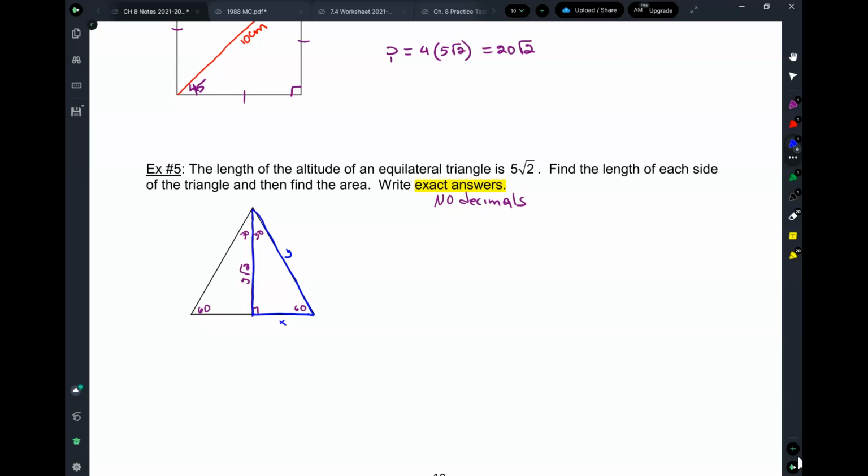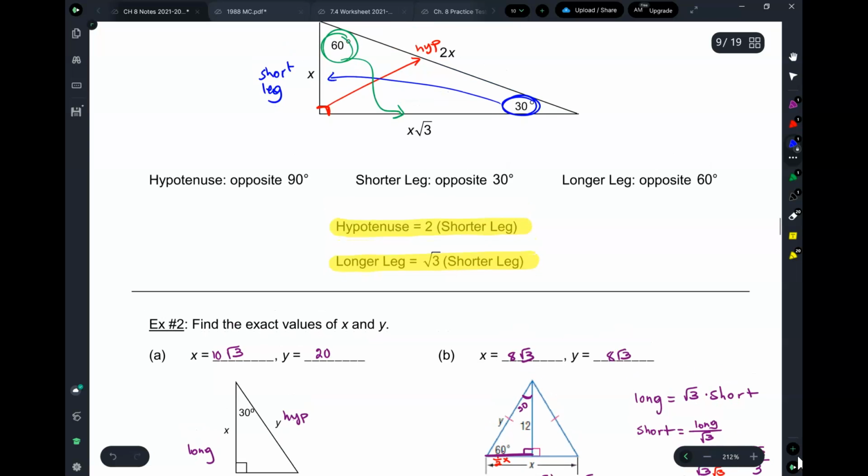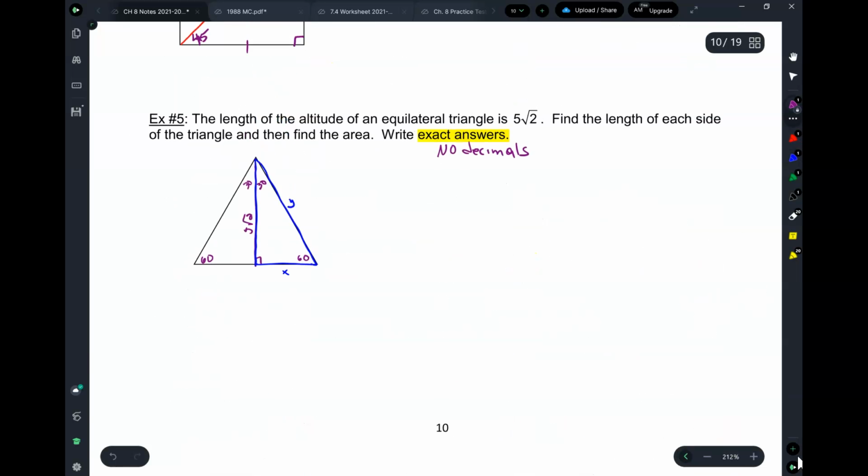Now, the long leg is the short leg times root 3. So take a look here. The long leg is the short leg times root 3. Look at how I do this. I say it out loud to myself. On the test, you can't say it out loud, but you can say it in your mind.